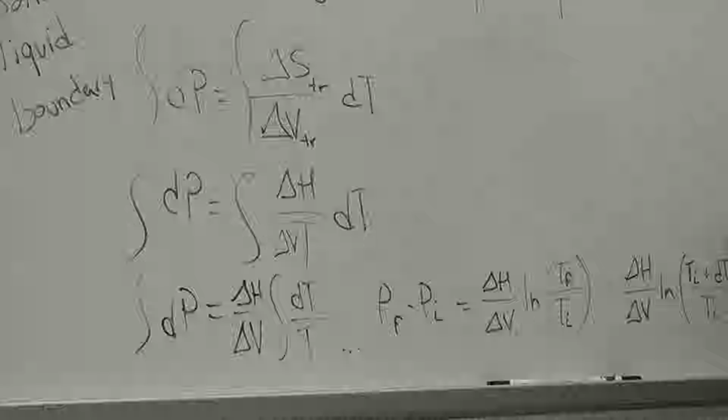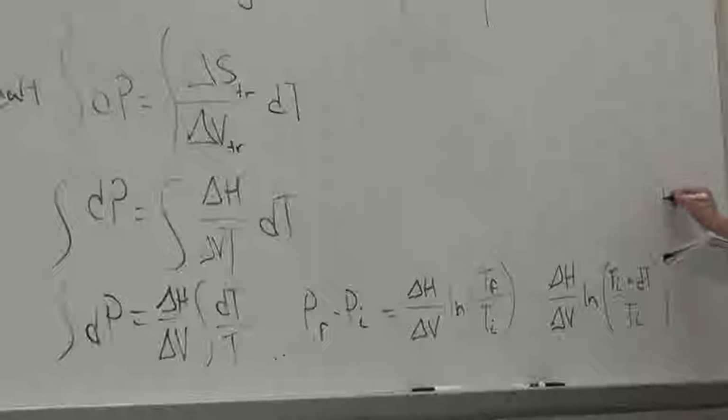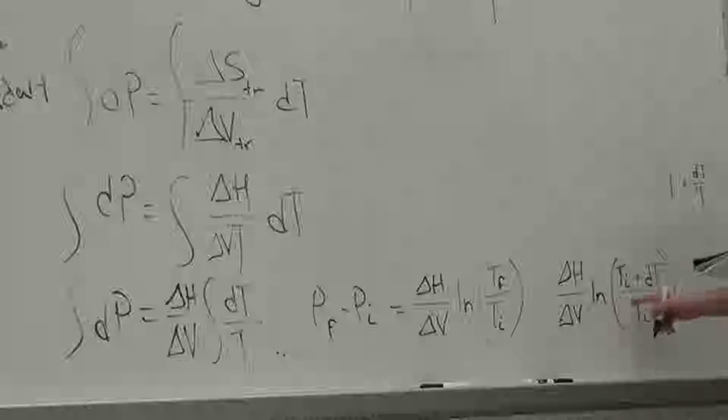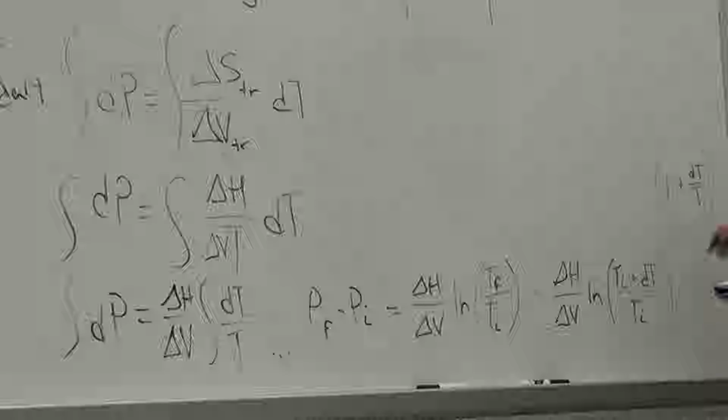And this expression, essentially, can be converted into one that says 1 plus dt over T initial. T initial over T initial is 1, dt over T initial is just dt over T initial.